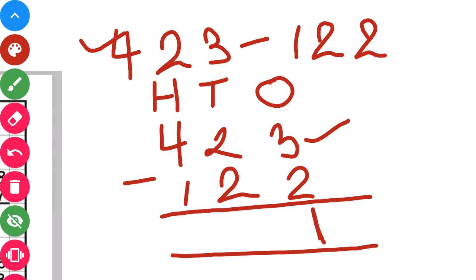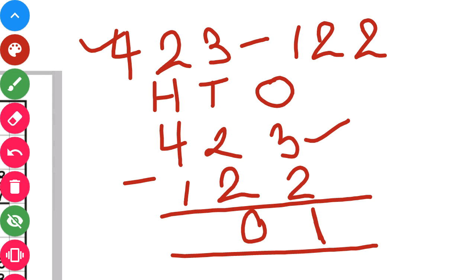Now at the tens place we have 2. So take out 2 fingers now. And what do we have to subtract from 2? We have to subtract 2 from 2. So 2 minus 2 we will get 0.